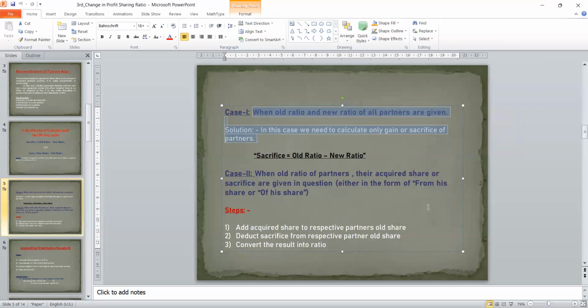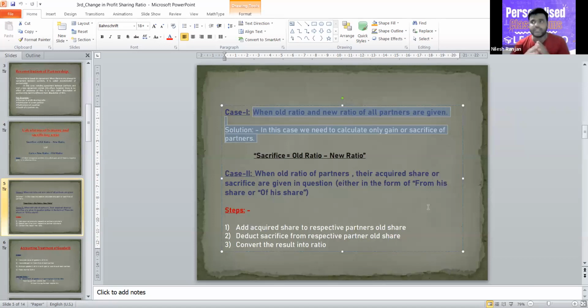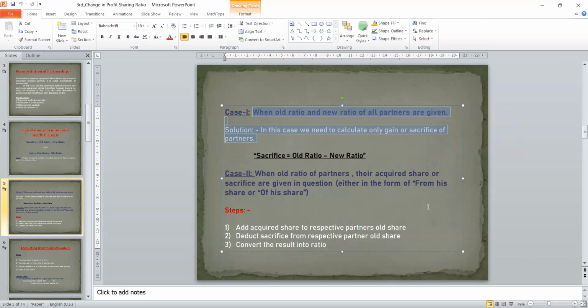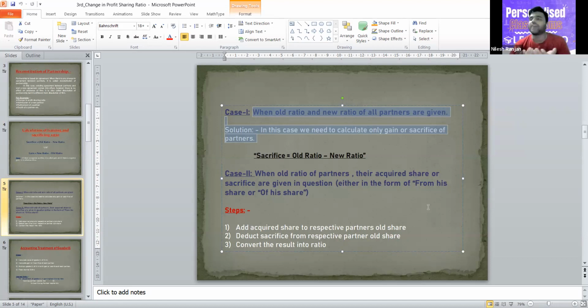So there are two cases. First, when the old ratio of all the partners and the new ratio of all the partners are given, we don't have to calculate the old ratio or new ratio. We have to calculate only the change between these two, that is gain or sacrifice.